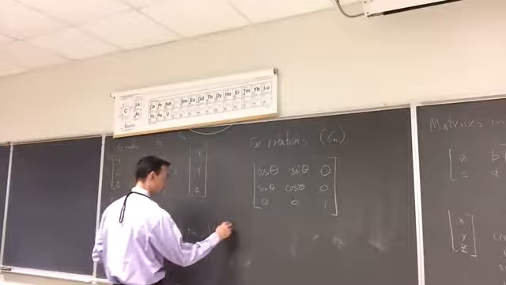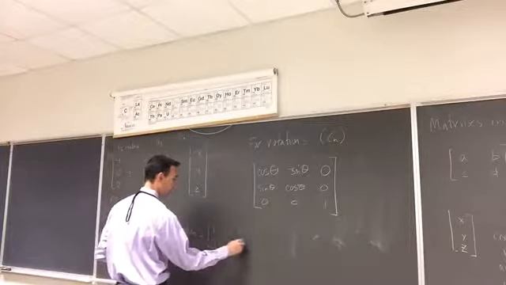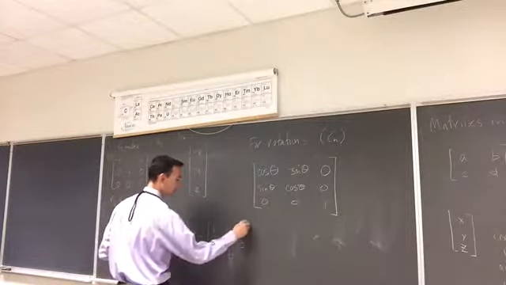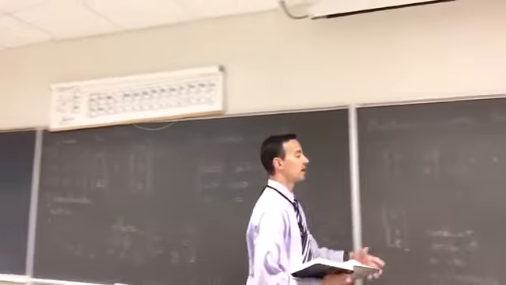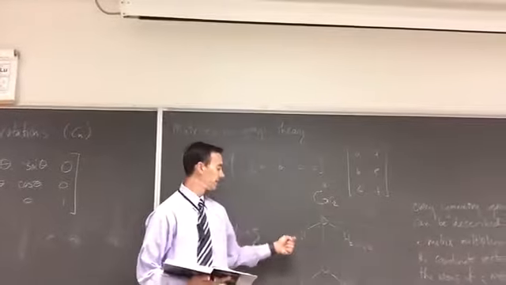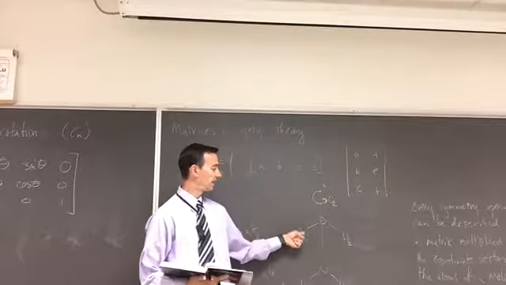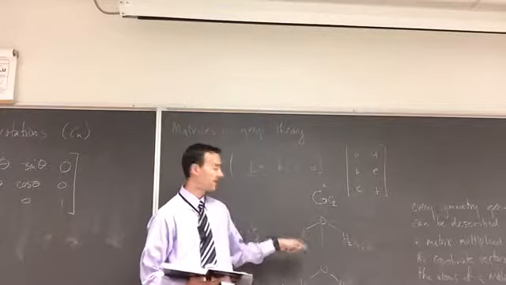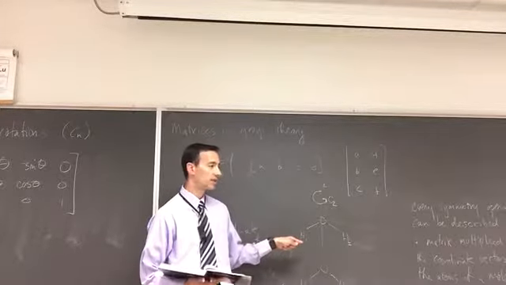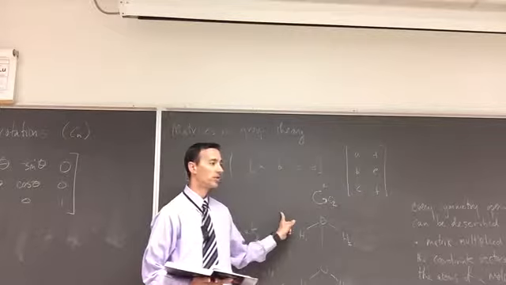So you'd have 1, 0, 0, 0, negative 1, 0, 0, 0, 1. If we reflected a molecule in the plane of the board, and this hydrogen atom was out a little bit, when it reflected, it would get back. Its x and its z would stay the same, but its y is what gets changed.